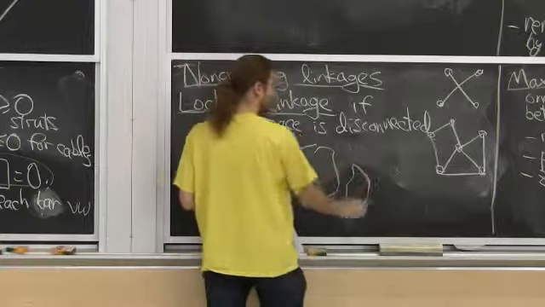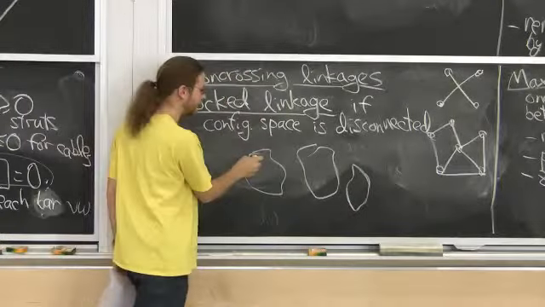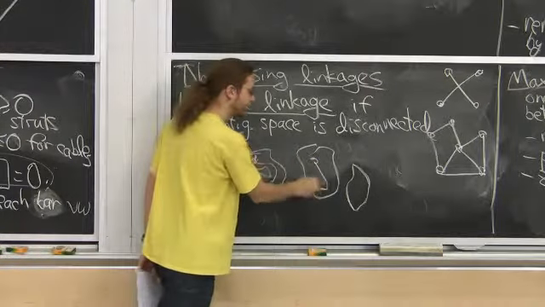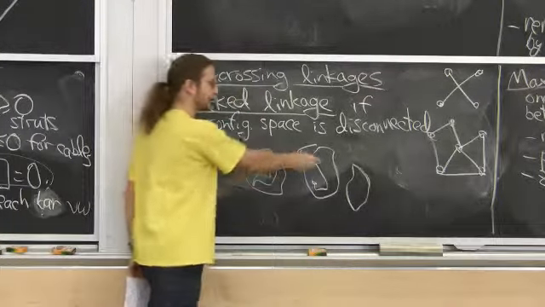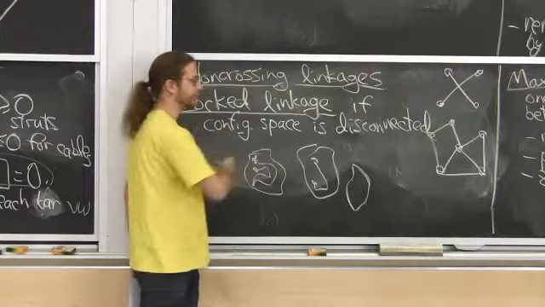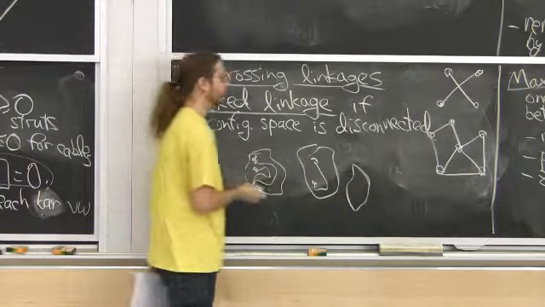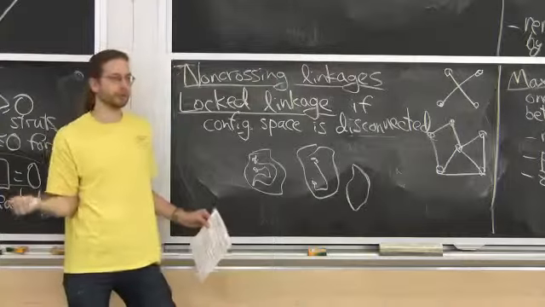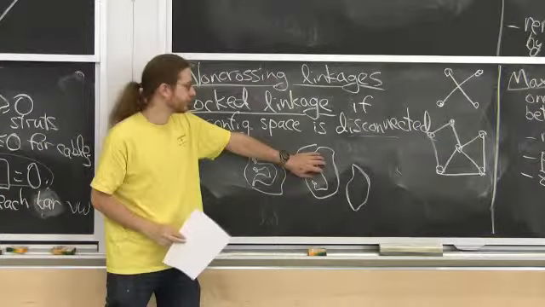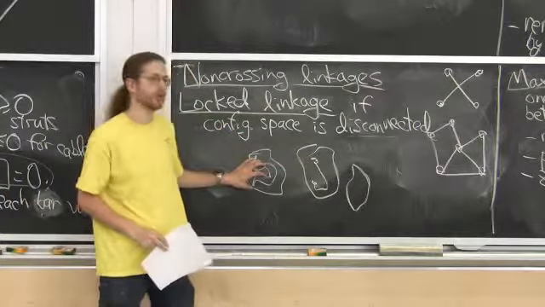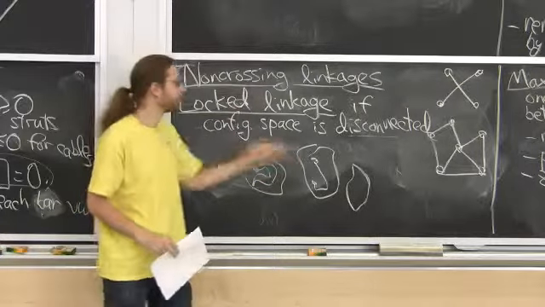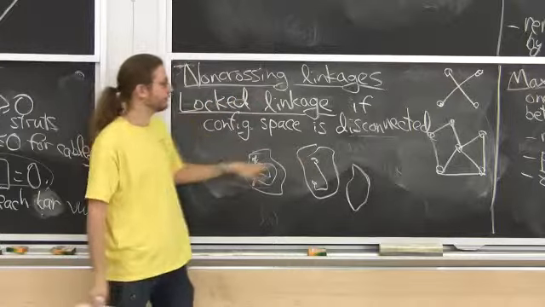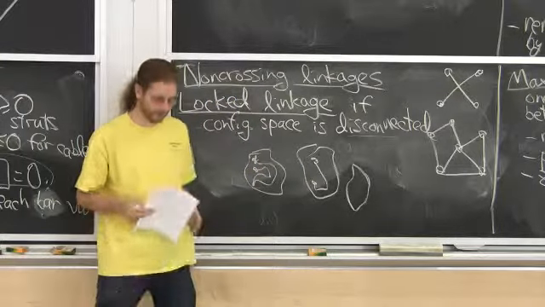Maybe it has 3 components. If I have some configuration here, I can move to any other configuration here, and same over here. But there's no way to get from this configuration to that configuration. They're disconnected from each other. So this would be kind of sad news if you're looking for motions. It means you cannot get from everywhere to everywhere. There are some locked configurations that cannot get back to start. However you define start and locked doesn't matter. But the linkage is locked when there are 2 things that cannot reach each other.